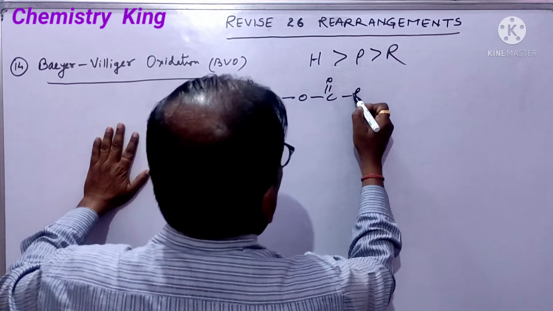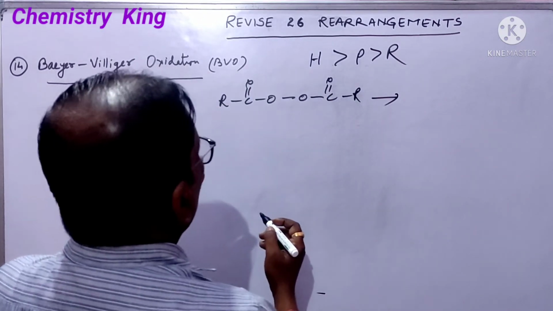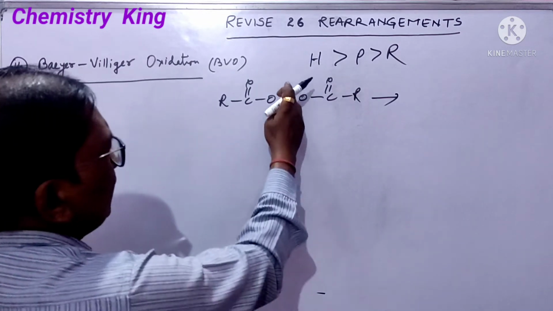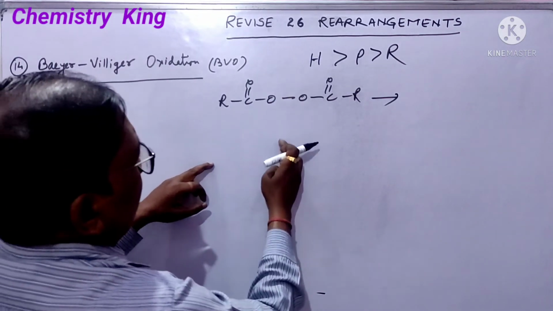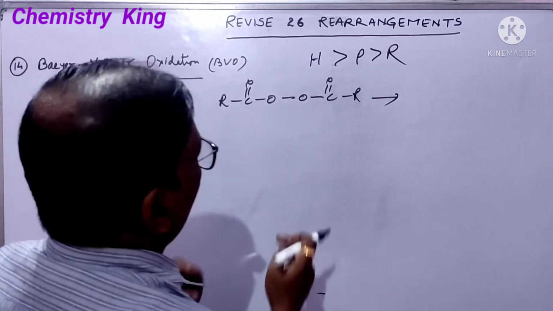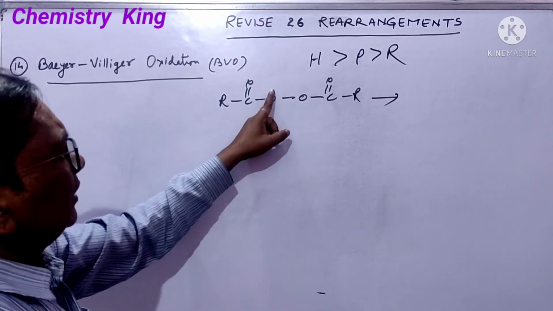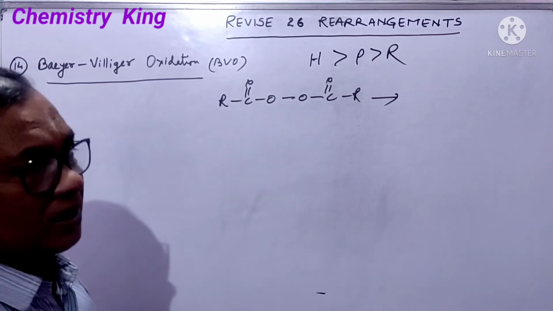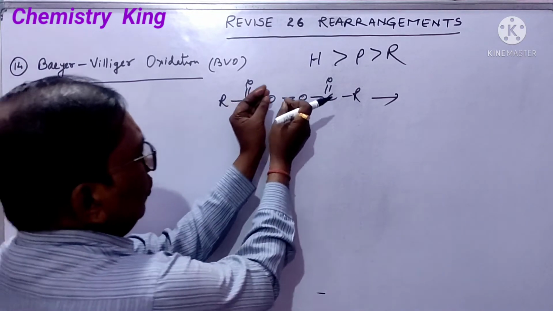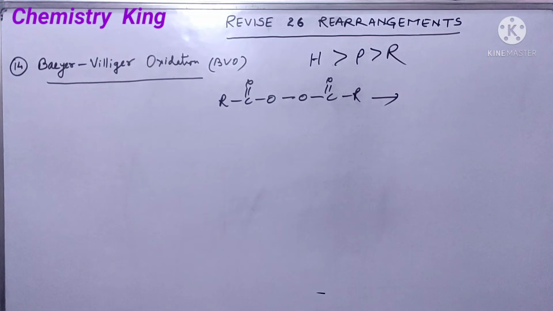It is peracid, and when it breaks from here, why does it break? These two oxygen atoms are highly electronegative, and two electron pairs are there. Due to repulsion, the bond will cleave easily.